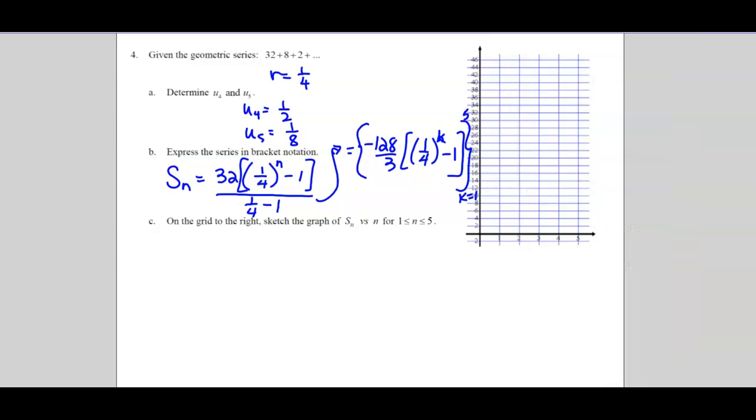Okay, so now graphing. So S1, remember, is the same as U1, the first term. So that's 32. Then S2 will be 32 plus 8, which is 40. S3 will be 40 plus 2 is 42. Remember, it's going to approach a value as n goes to infinity, if that R value is less than 1, which it is.